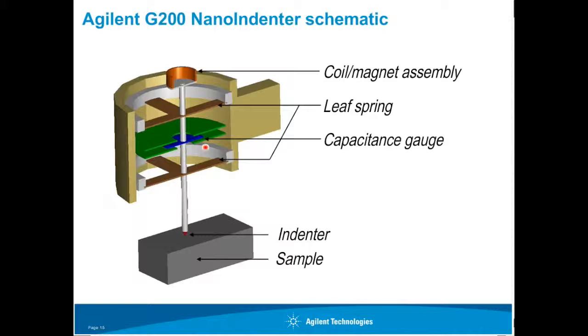By monitoring the capacitance between the center plate and the outside plate, we know the absolute position of the indenter within its range of travel. So fundamentally, the way our equipment works is by imposing force electromagnetically and measuring displacement. So force is the independent variable and displacement is the dependent variable.